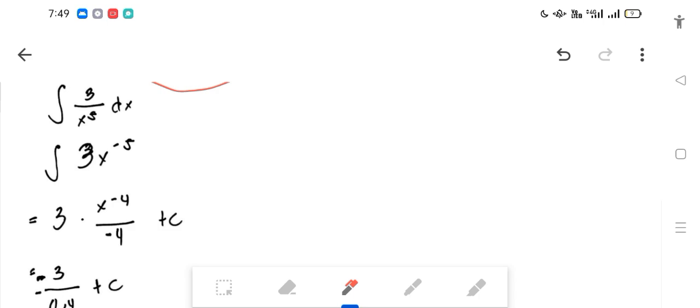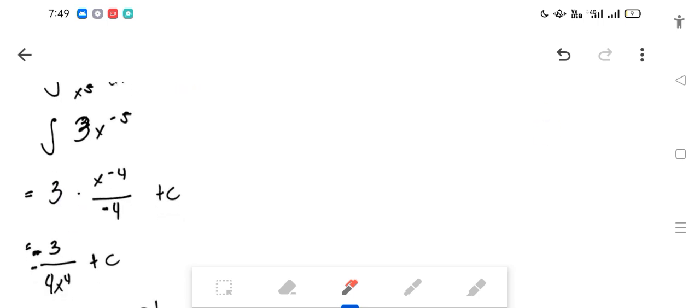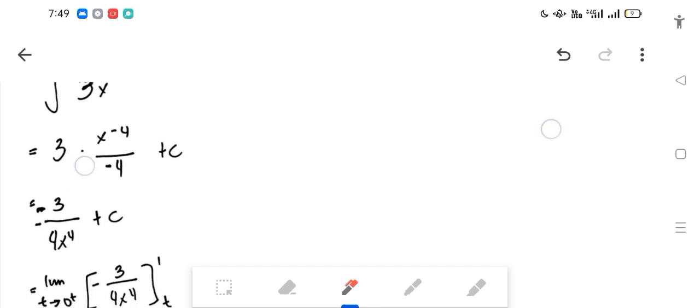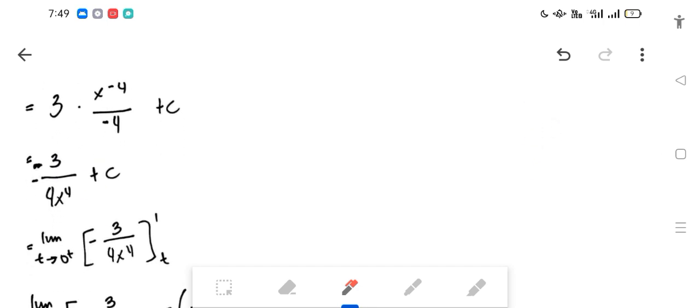So we're going to separate the constant and find the antiderivative of x raised to negative 5, and we have here 3 times x raised to negative 4 over negative 4 plus c. So that is the result after finding the antiderivative of the function.